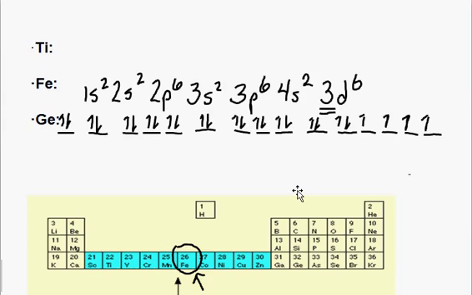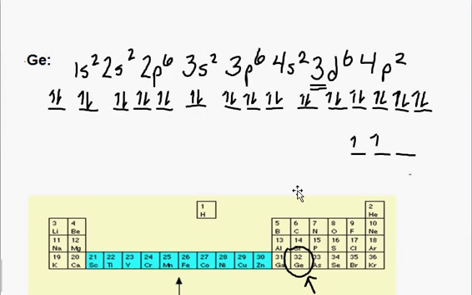Alright, and we'll wrap this up with germanium, which is way over in our P block. So I've gone through my D, and I'm going back to P. So from calcium at 4s2, I'm filling my 3D block, which should be 3D10. So I got a little edit here, just cross that out.